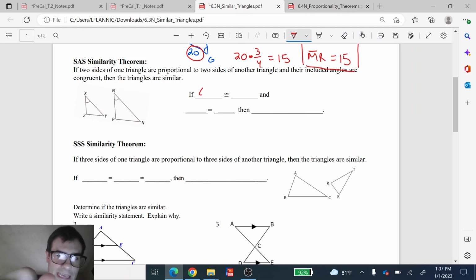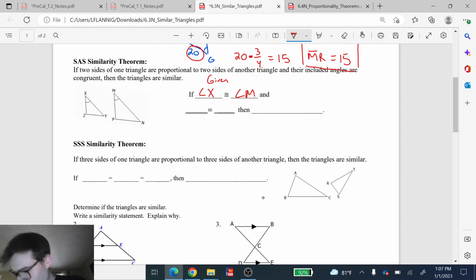So this is given information right here, that angle X is congruent to angle M. So angle X and angle M are congruent, meaning they have the exact same measurement. And I have to be given another piece of information. I have to know that some things are proportional. I have to know XZ, this line right here, must be proportional to its corresponding side, MP.